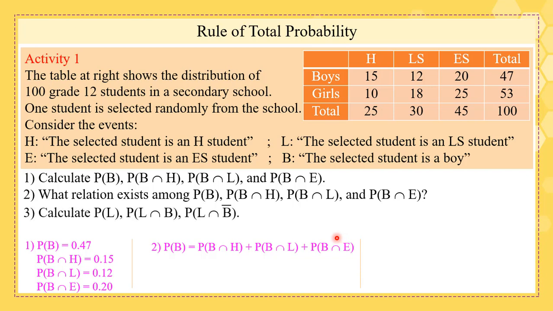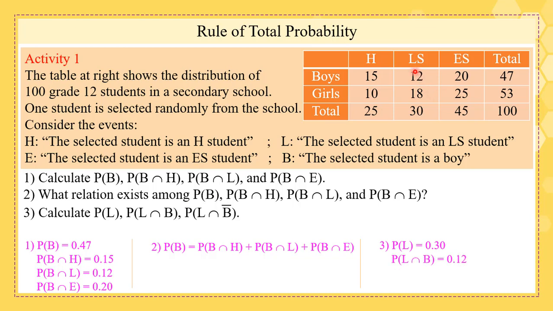Now let's continue. Calculate P of L intersection B and L intersection B bar. Let's see what is the probability of choosing an LS student. The LS are 30. It will be 30 over 100, which is 0.3. And then the probability of L intersection B is the probability of selecting a boy from the LS section. That's it.